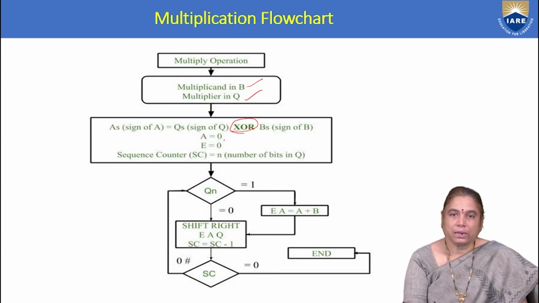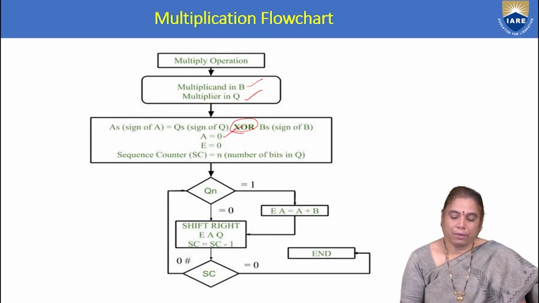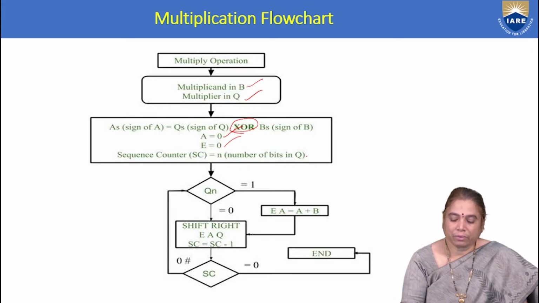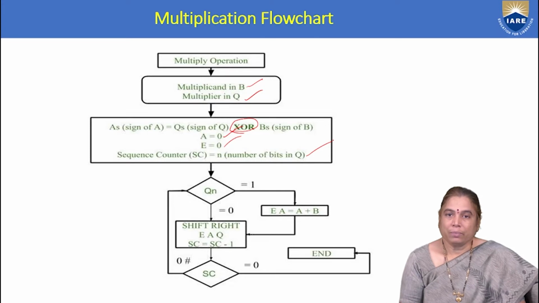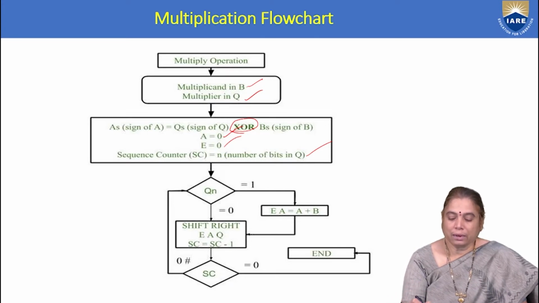A is initially 0, and E is an extra storage bit, a flip-flop, which is also initialized with 0. The sequence counter is initialized with the number of bits of the multiplier. That is, the number of bits in Q has to be initialized to the sequence counter.